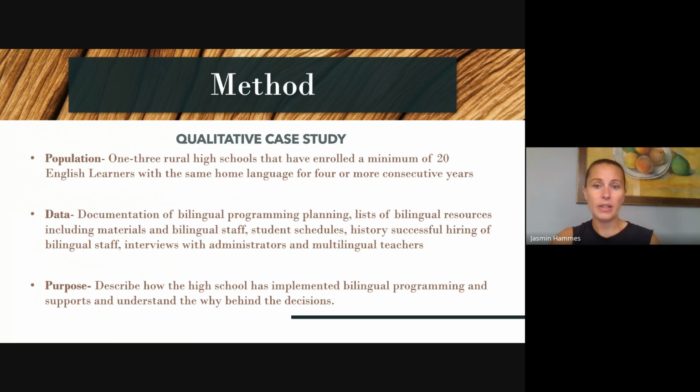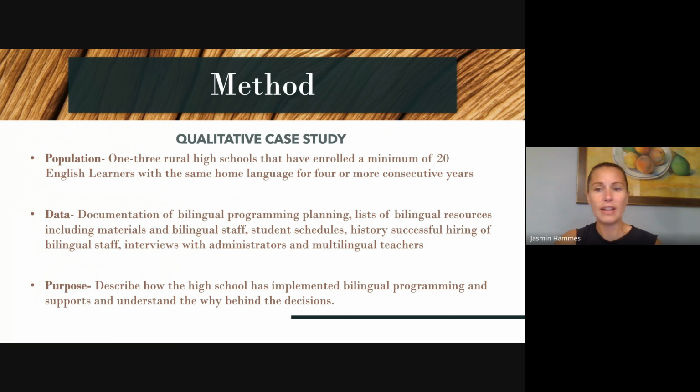So my method, ideally I would like to do a qualitative case study. So the population would be either one, or if I can get more, 1 to 3 rural high schools that have enrolled that minimum threshold of 20 or more English learners of the same home language. The other component that I would like to add is that I would like a school that has had that population for approximately 4 or more consecutive years.